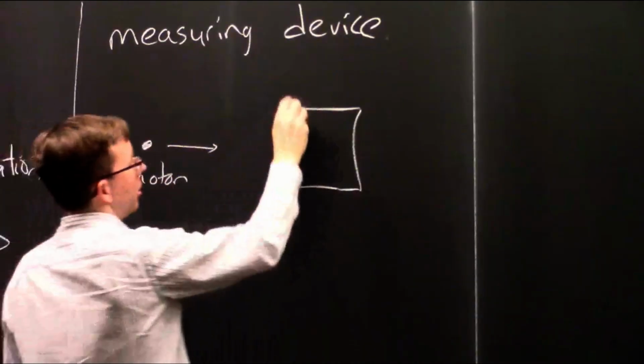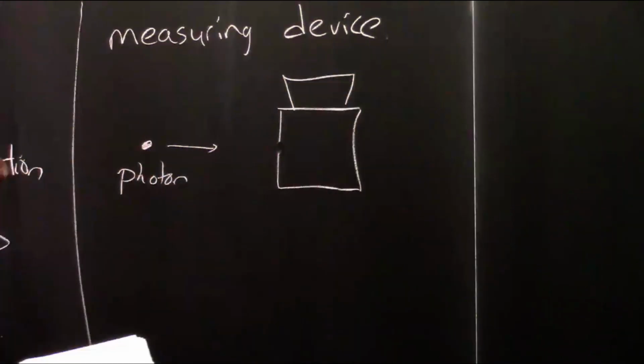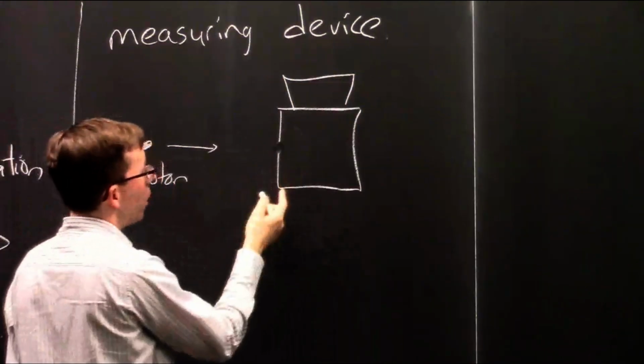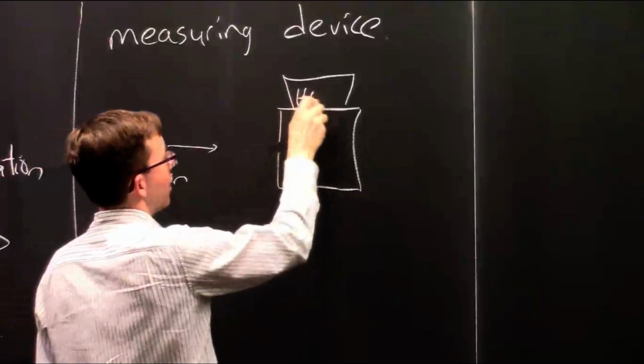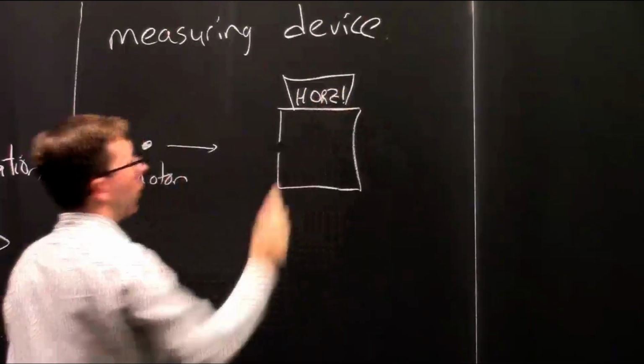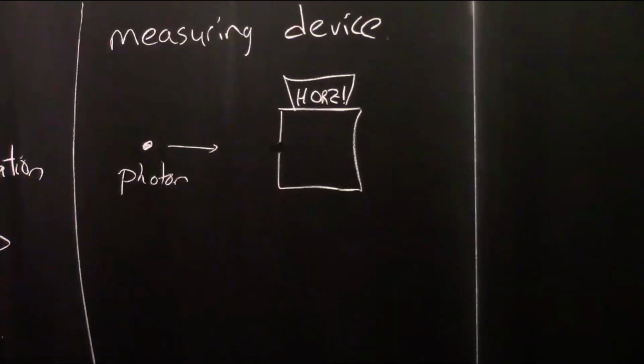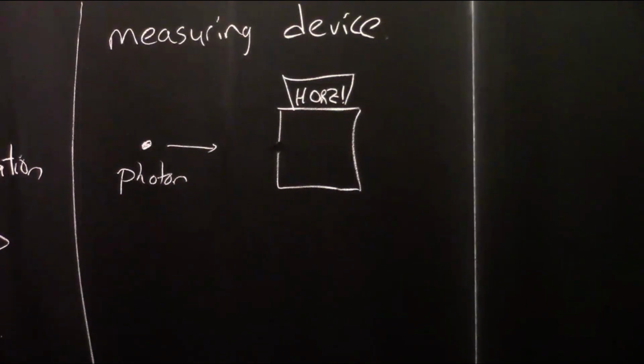It has some digital readout, like an LCD screen up here, and when you fire a photon in, it either says horizontal or vertical. You can build a physical box that has this property.